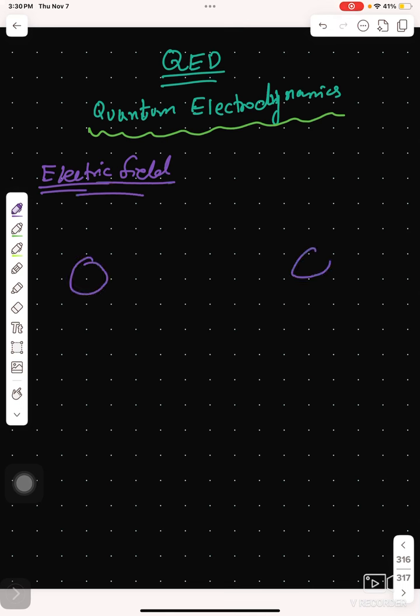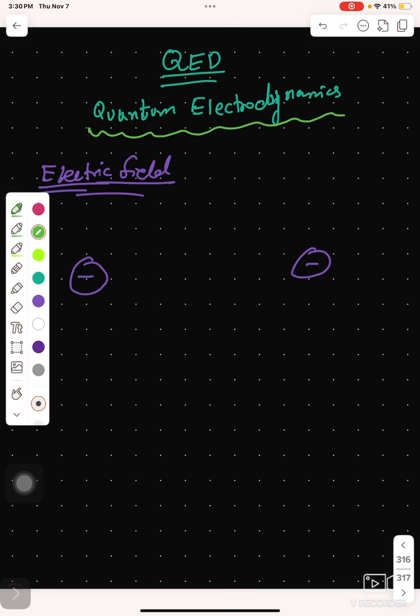if we have two like charges, let's suppose electrons, and they move closer to each other, we know that the moment they come close to each other at a certain distance, they will repel.